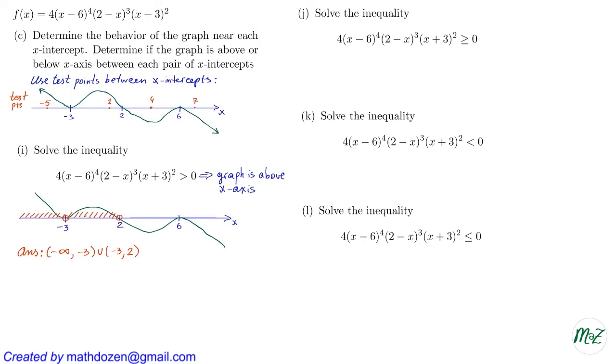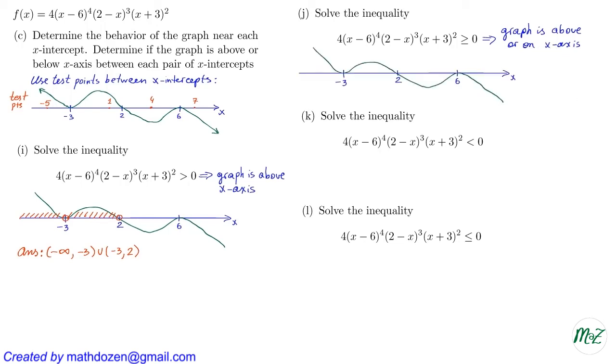Now if we switch to the second inequality, we have the inequality with the polynomial being greater than or equal to 0. So the only added option is that the graph could be either above or exactly on the x-axis. So here is that same picture. So I'm going to shade the places where the graph is above the x-axis.